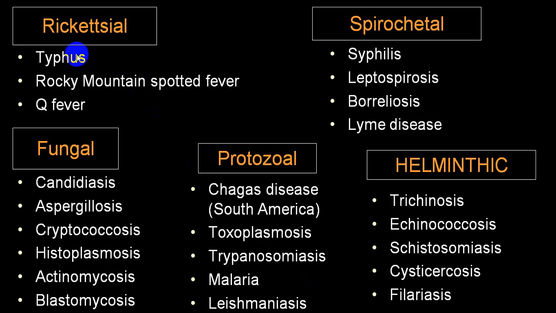Among rickettsia: typhus, Rocky Mountain. Fungal, we already said: candidiasis, aspergillosis, and cryptococcus come topmost on the list. Among protozoal: Chagas disease, toxoplasmosis, Leishmania, malaria. Spirochete: syphilis, leptospira, even Lyme disease. Helminthiasis: echinococcus, cysticercosis, filaria, trichinosis.